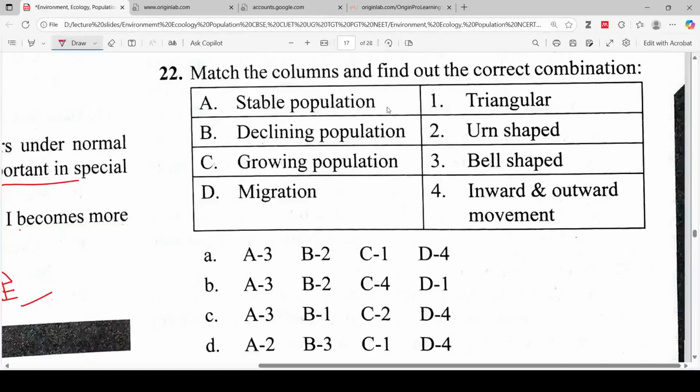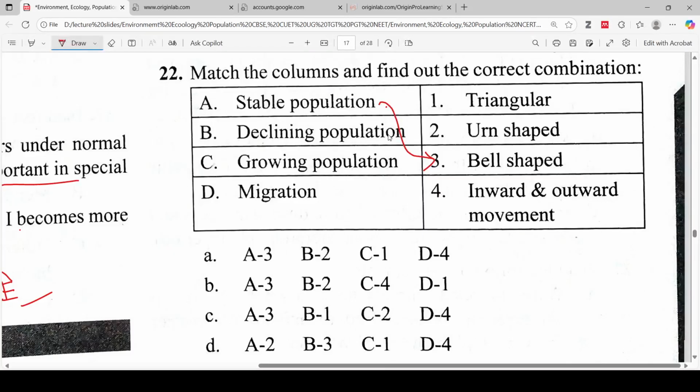Next question, again. Stable population is matched with bell shaped.